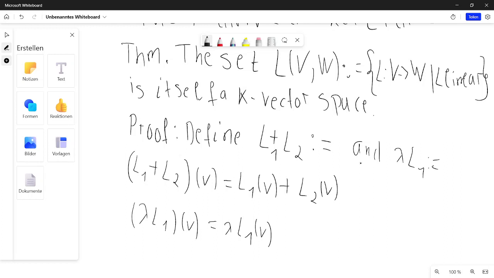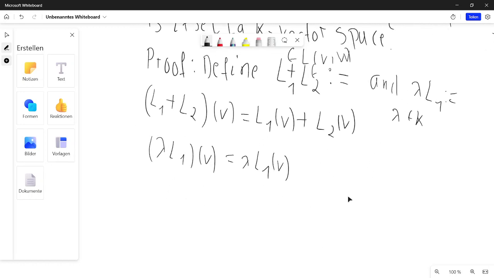Lambda is in K, of course. Lambda in K. Right, and this is in W, and that is, of course, also clear to you, and v is in V. Yeah.